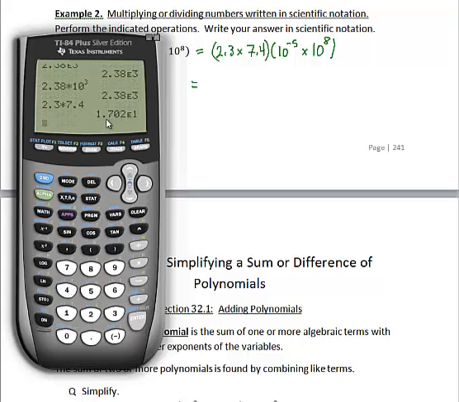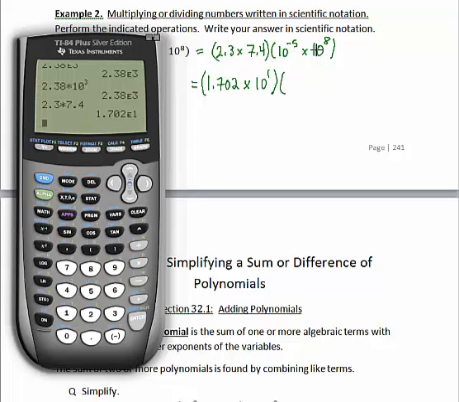And we get 1.702 E1, which means that what we're dealing with here is 1.702 times 10 to the first power. And it gave us that because we have our calculator set in scientific notation. Alright, so this is what the first set of parentheses works out to be.